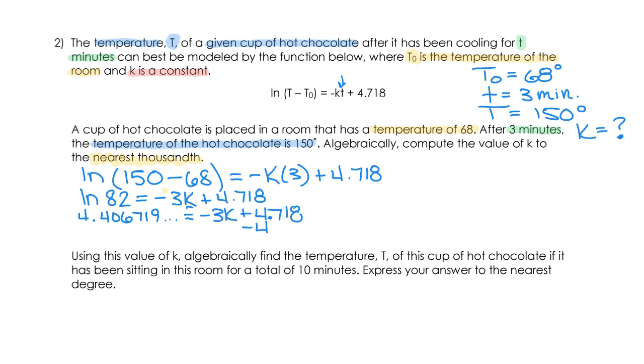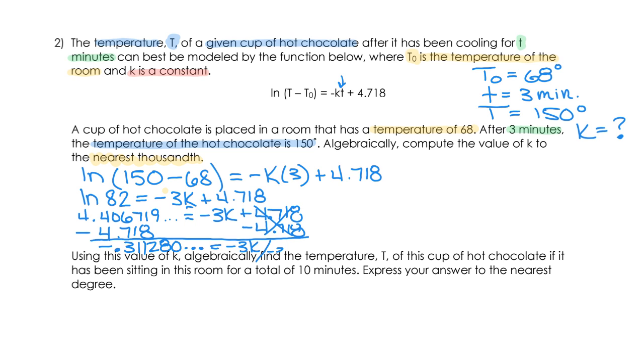Now let's go ahead and subtract 4.718, now that we have something to subtract it from. And when we do, we end up with negative 0.311280... equal to a negative 3k.